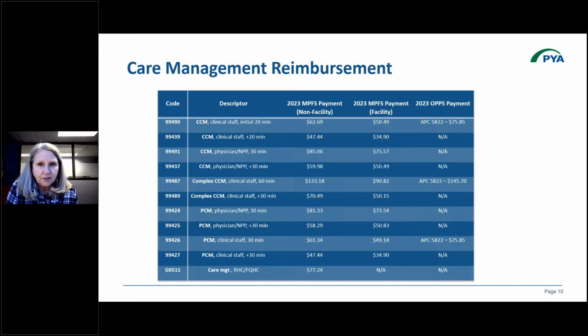At this point, I did not include the 2024 rates. There are some slight adjustments to the RVUs for the care management codes, very slight, proposed in the 2024 physician fee schedule. What we're waiting on, of course, and the big story to be told, is what the conversion factor will be for 2024.